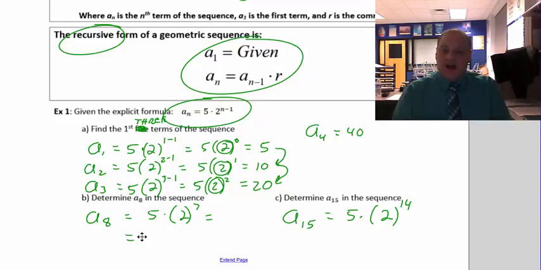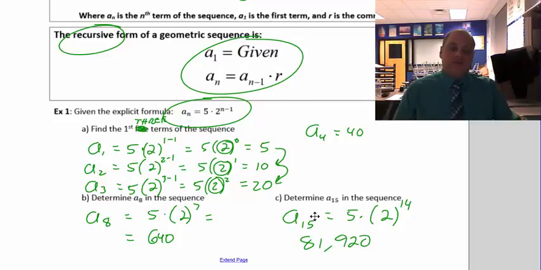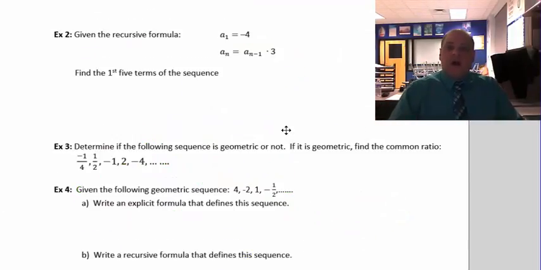So it's going to be 5 times 2 to the 7th, and that one I already did. It's 640. I just did it to save time, and this one's going to be 81,920 would be the 15th term, because you just keep going times 2, times 2, times 2, times 2, times 2.